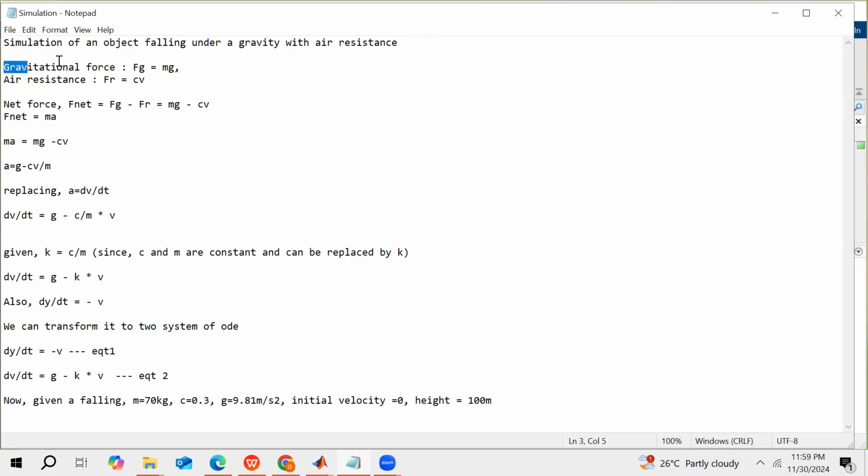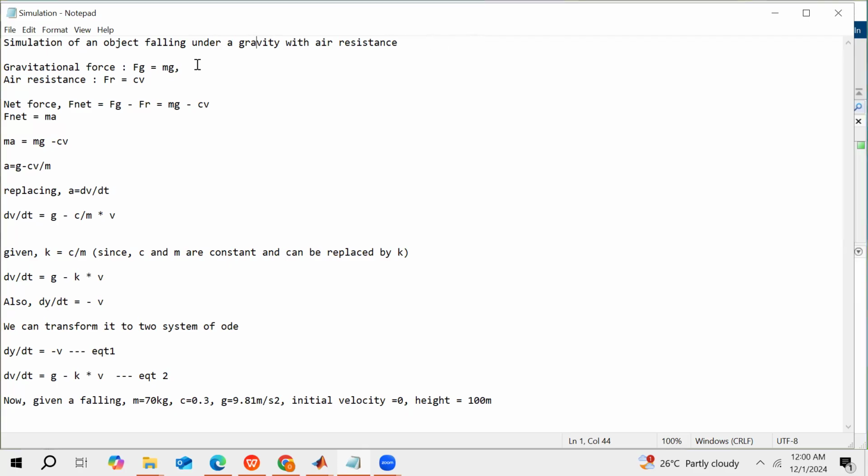So given an object falling under gravity, let's say a ball or any kind of object falling under gravity from a particular distance, and we have an air resistance that we have taken into consideration.